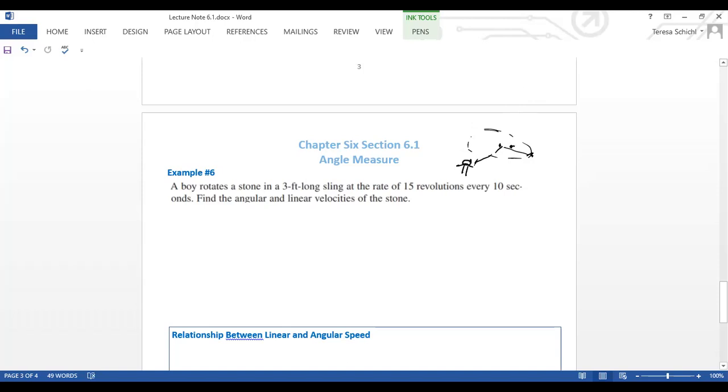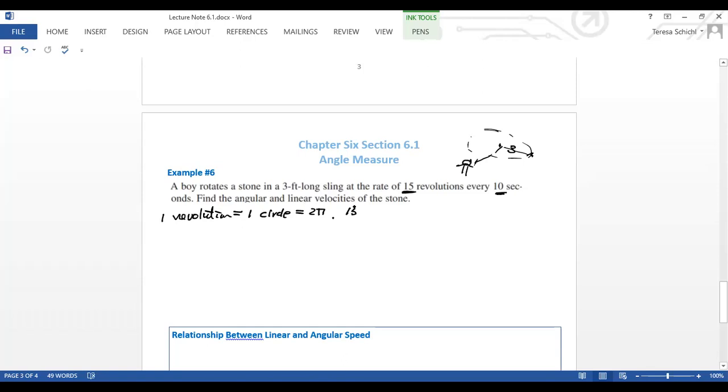Okay. Now it says 15 revolutions in 10 seconds. We know 1 revolution is a whole circle, so 1 whole circle is 2 pi, correct?